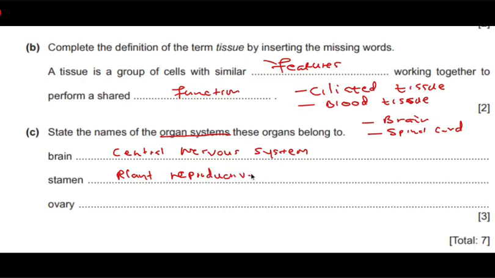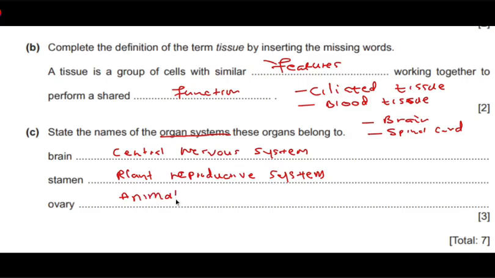So it is the reproductive system. That is one thing that you need to know about this one. Then the last one, the ovary. These ovaries are also involved in reproduction, but this one is called animal reproduction or human reproduction.